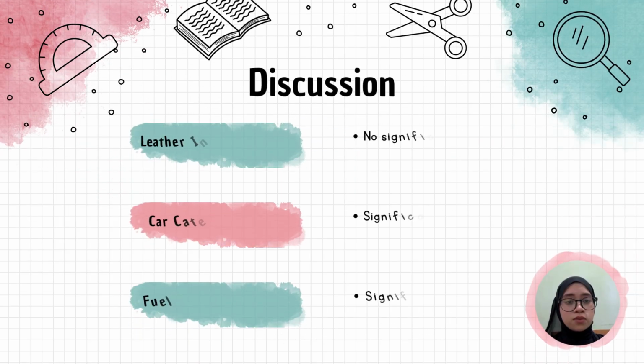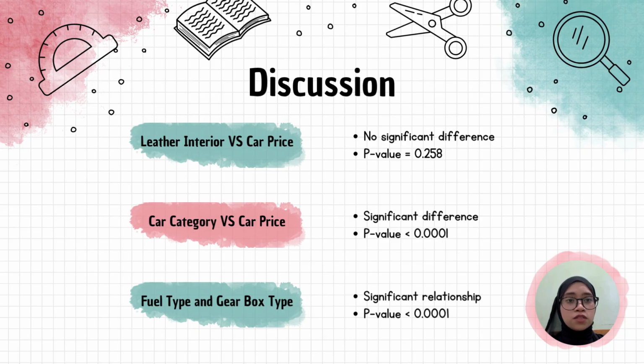To summarize our study, we successfully achieved all three objectives. For objective 1, the Mann-Whitney U test shows that there is no significant difference in car price between vehicles with and without leather interiors, with a p-value of 0.258. For objective 2, the Kruskal-Wallis test indicates there is a significant difference in car price among different car categories, with a p-value less than 0.0001.